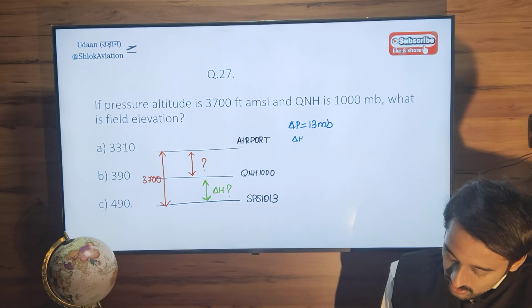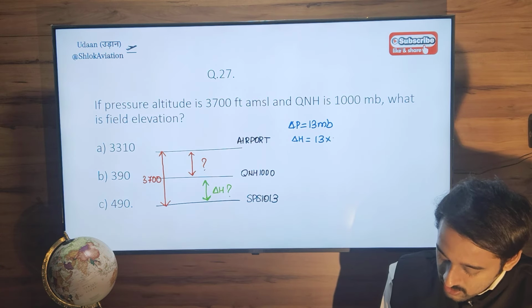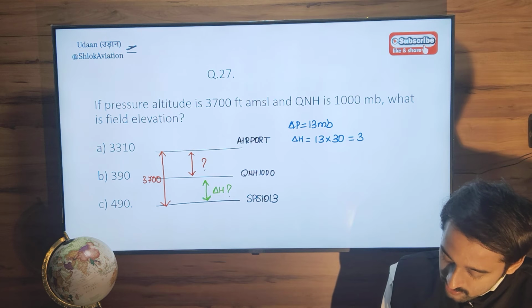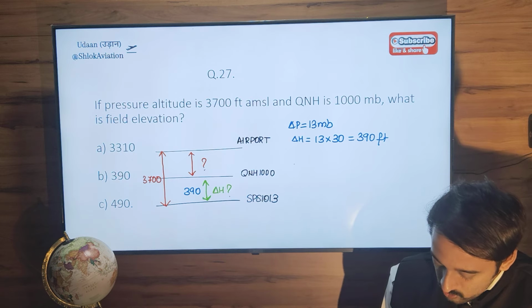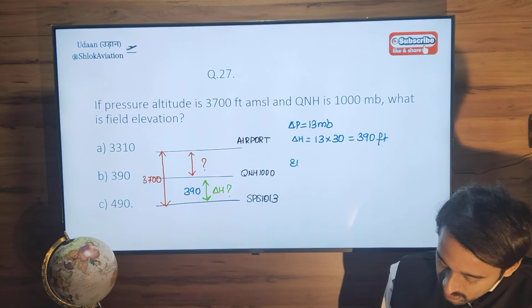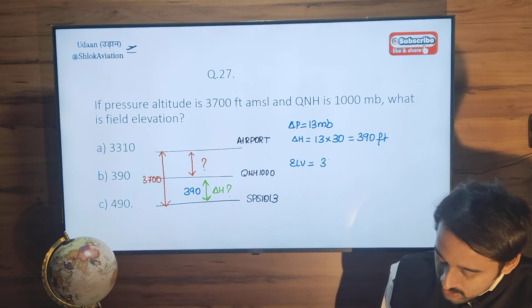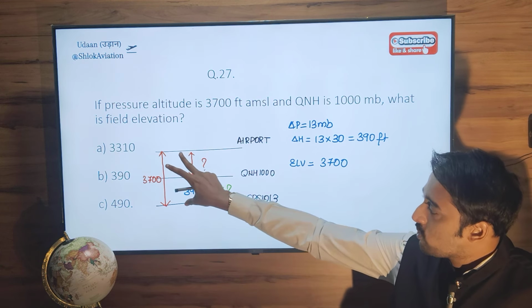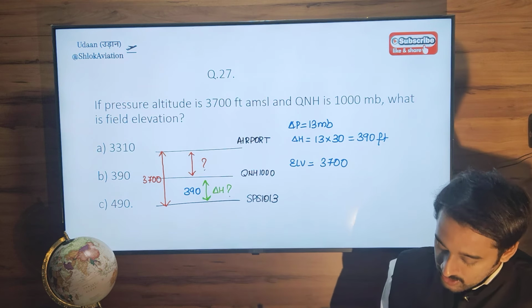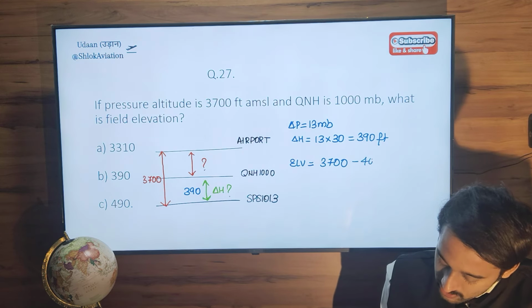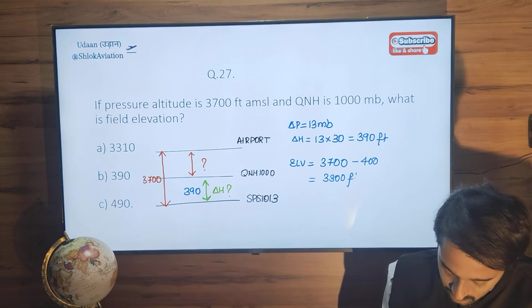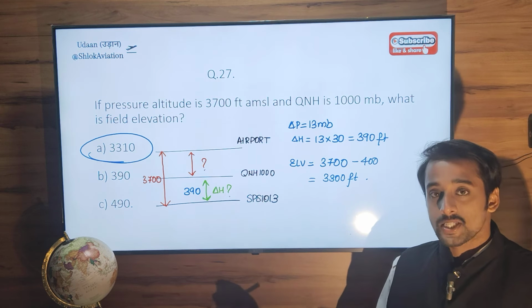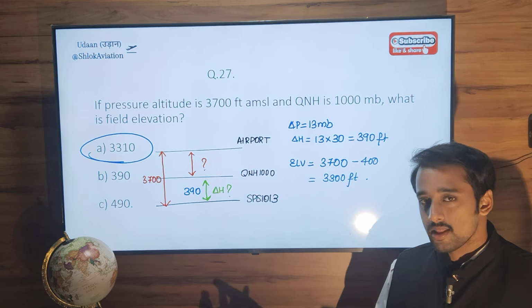That will be height difference of 13 into 30, 390 feet. So your elevation will be equal to pressure altitude, this big value, minus this small value of 390. Let's take 400, equal to 3,300 feet. So correct option is option A, 3,310.